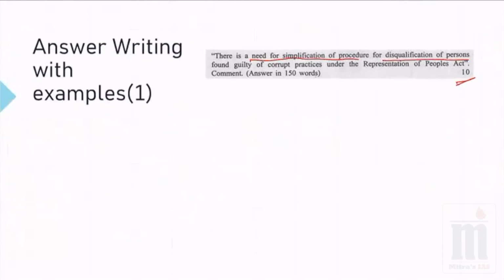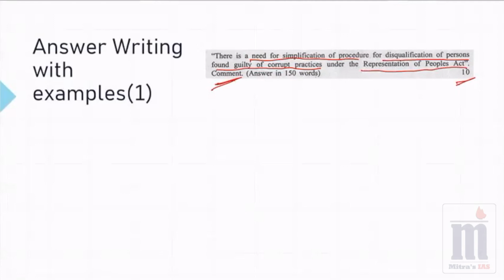Disqualification of persons found guilty of corrupt practices under the Representation of People's Act. Comment means you're supposed to write your views, whether this should be done or not. So when we are supposed to comment, we'll see both the sides.